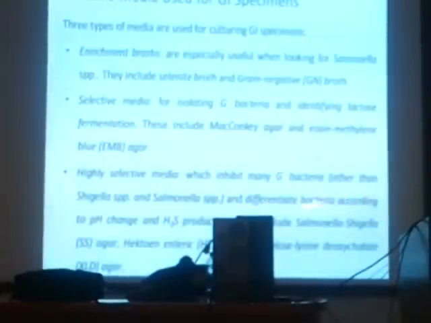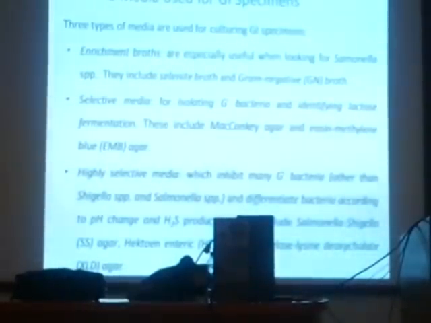They inhibit many gram-negative bacteria, and they are also differential. They differentiate bacteria according to pH change and H2S production. Now, from the previous table, we've seen that Proteus and Salmonella species are both H2S producers, right? These two previous media cannot help us tell if the bacteria is an H2S producer or not.